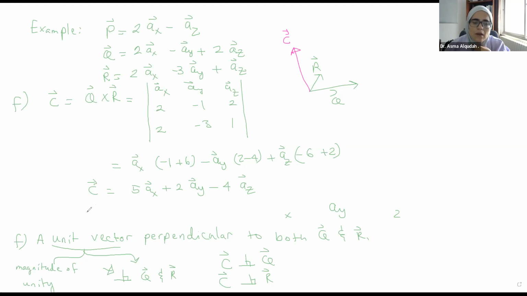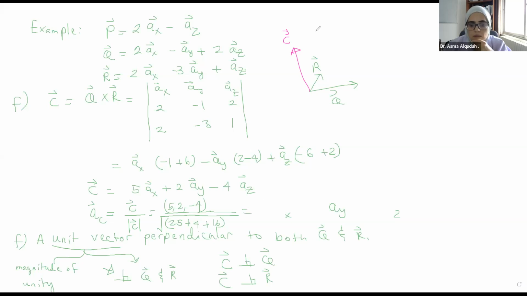that directs in the same direction of C. So we call it A sub C, which is equal to what? To C divided by its magnitude, which is equal to 5, 2, minus 4 divided by what? 25 plus 4 plus 16, and we take the square root of this quantity.